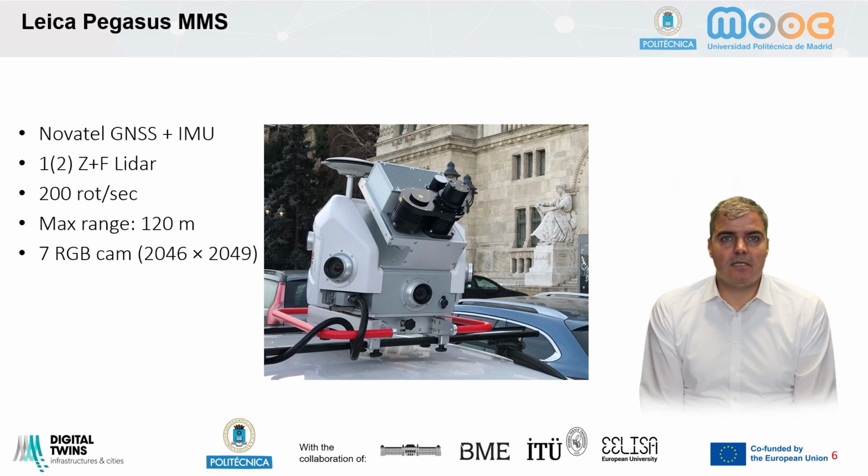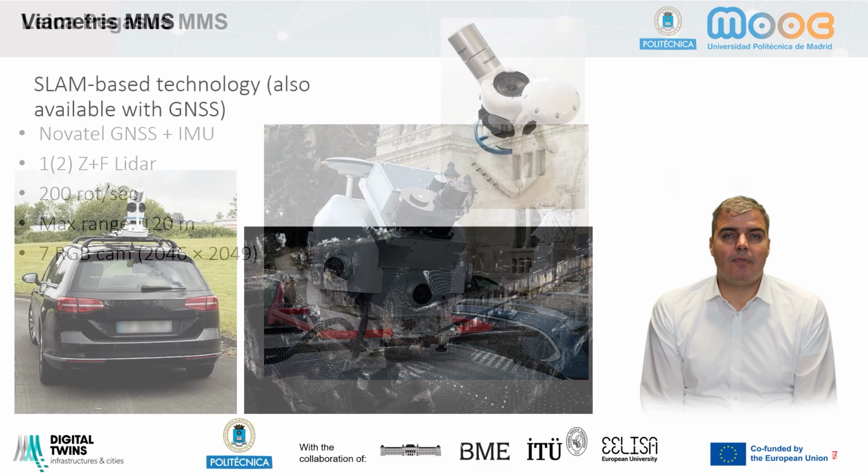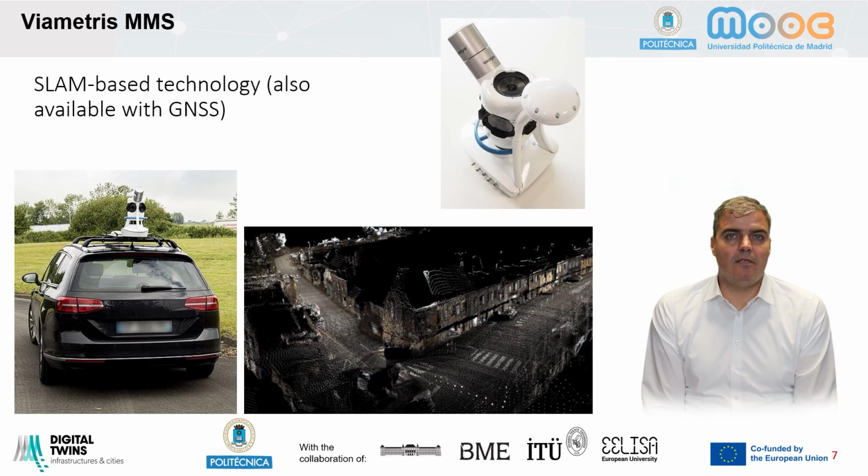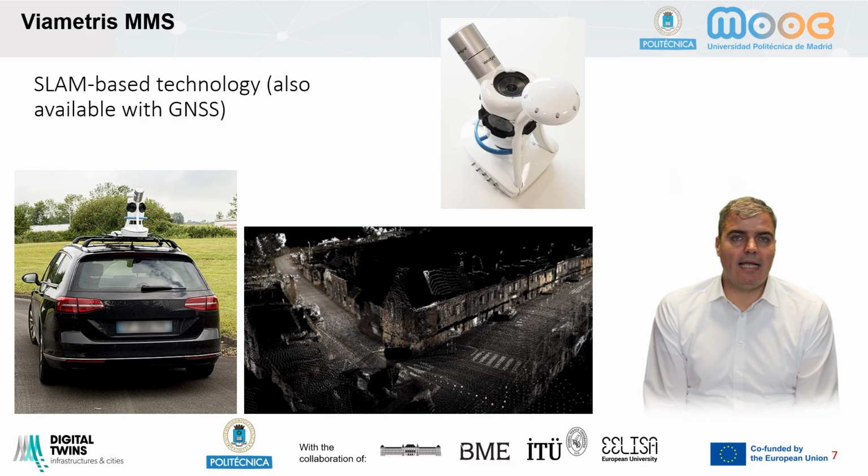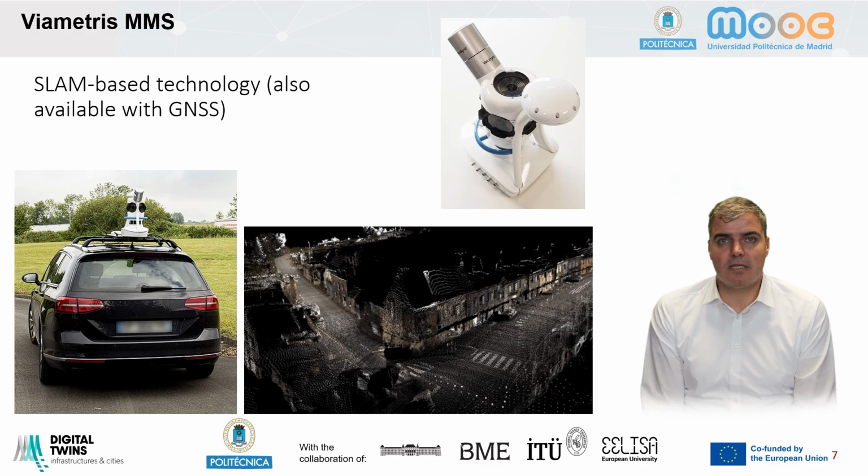There are simpler systems that are also enabling SLAM technology, that's the simultaneous localization and mapping, when you don't have a pre-designed trajectory, but you are continuously mapping the environment and navigating yourself in it. But these systems can also be available with GNSS methods.